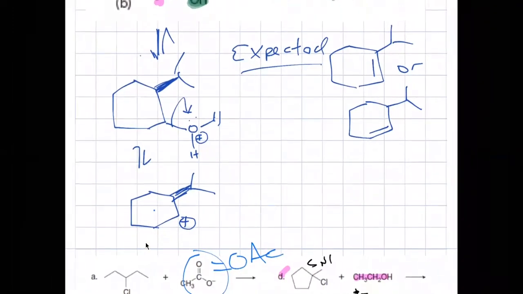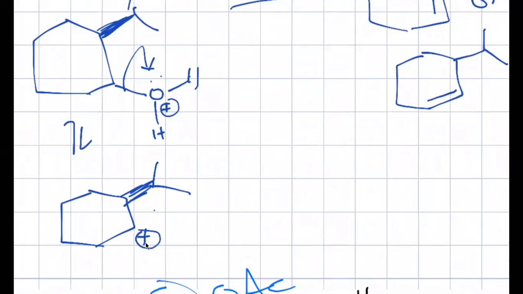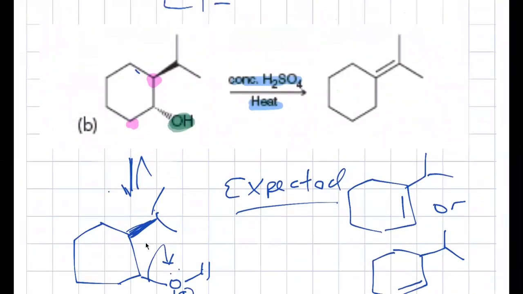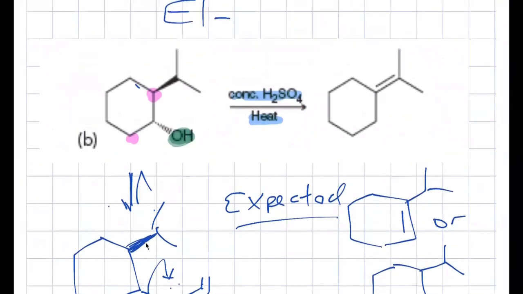Right? So if we look at that intermediate right there, and if we look at the product, what it looks like right here is that we took a proton from somewhere else. Right? It looks like we took a proton from right here, because there is a hydrogen here to put our double bond in.